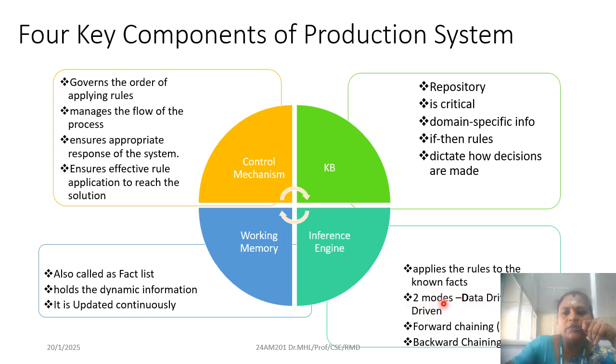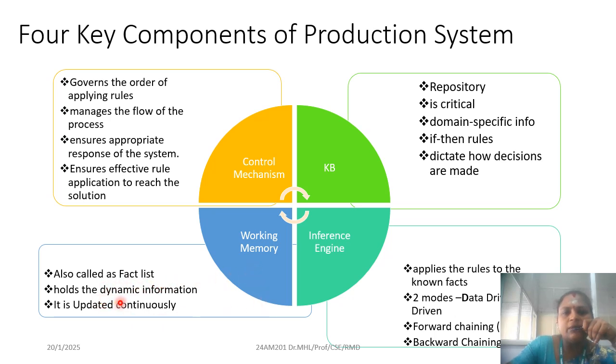There are 2 modes in which you can apply the rules. It could be data driven or goal driven. If it is data driven, it is called forward chaining, and if it is goal driven, it is technically called backward chaining.